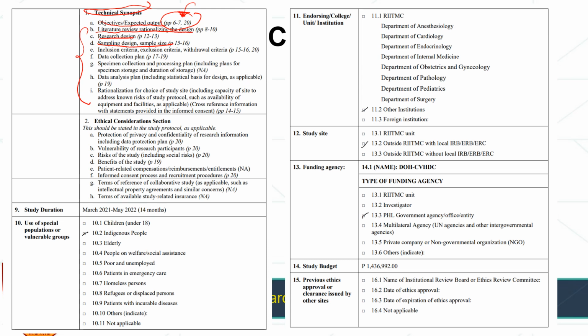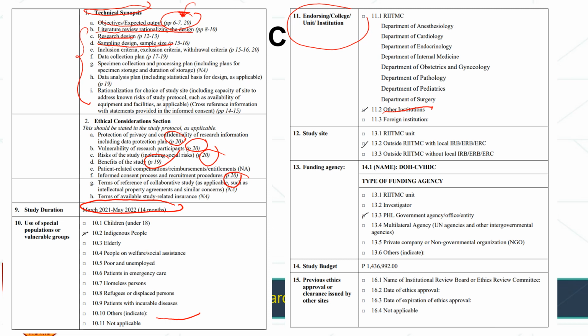And then you have the ethical consideration section if you've written these parts in your research protocol. If not, you should write it. And then study duration here and use of special populations and vulnerable groups. If not applicable or others, you need to indicate here. And then endorsing college, unit, or institution, you write here other institutions because that's CSU.